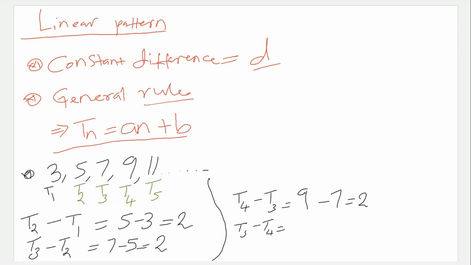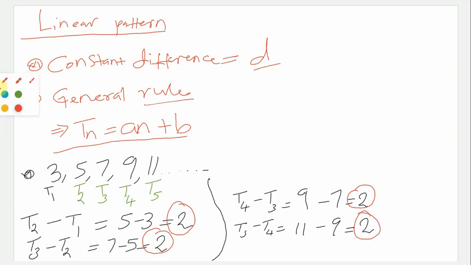And then our T5 is 11 and our T4 is 9, which will give me 2. So you can see that our difference is the same, it's not changing, it's 2 everywhere. In conclusion, we can say that the constant difference of this pattern, which is d, will be 2.